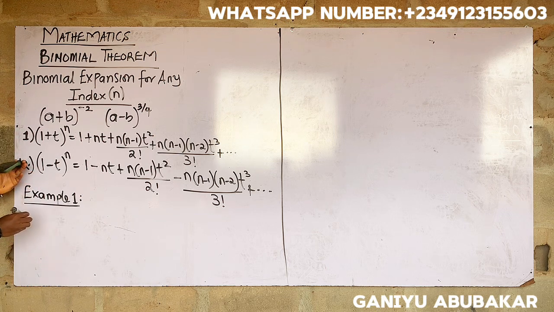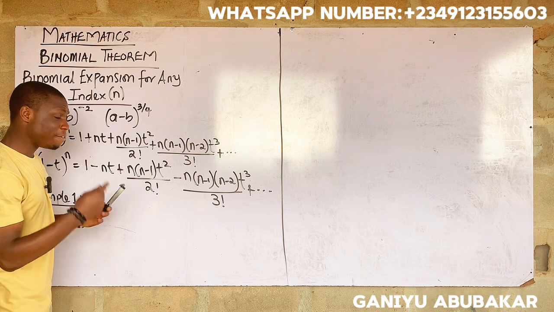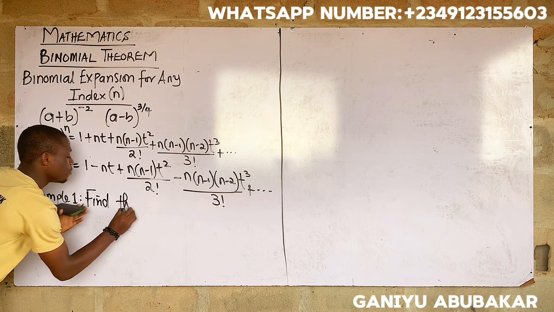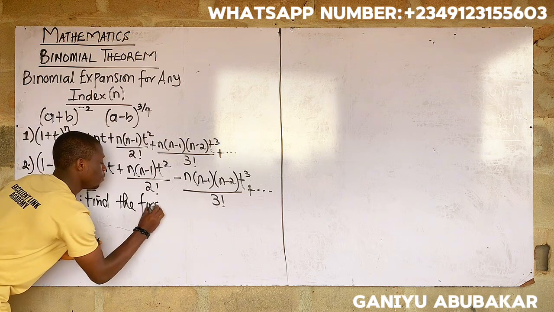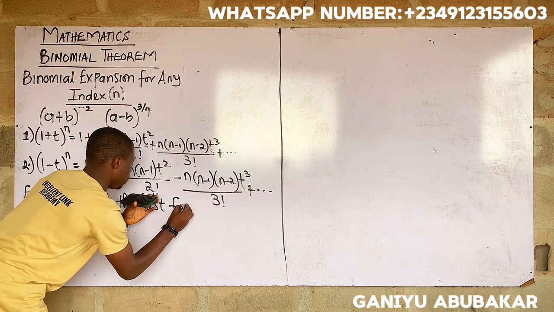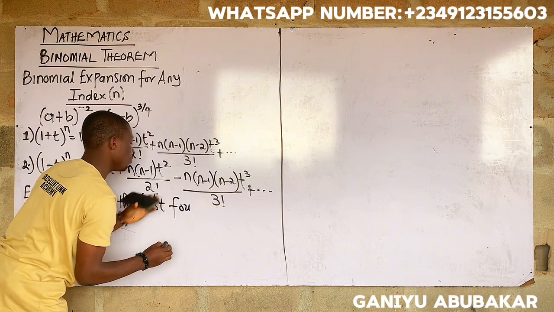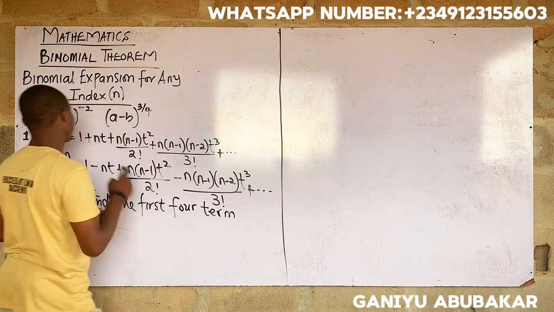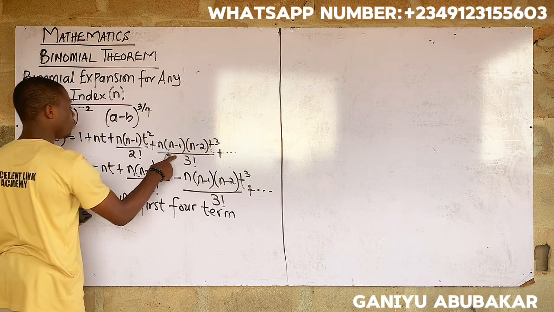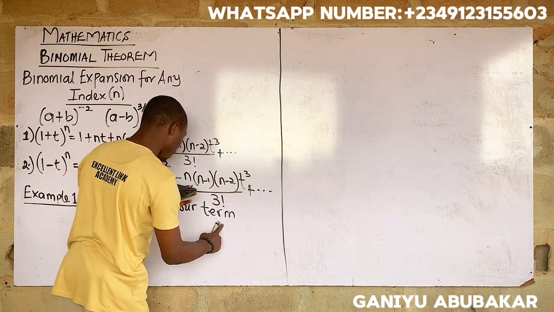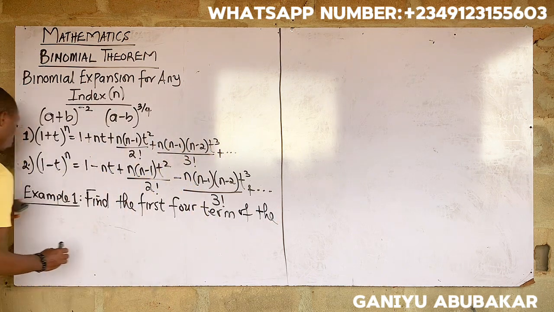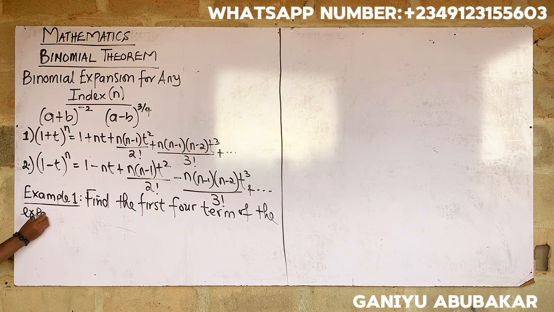Example 1 says find the first four terms of the expansion of the following. So this is the first term, second term, third term, and fourth term.